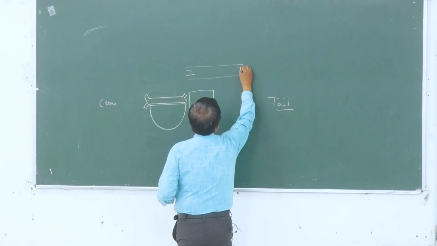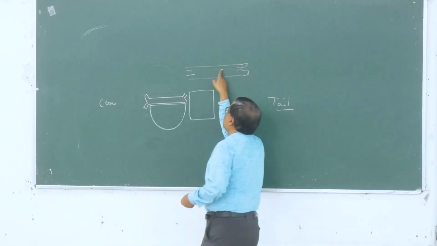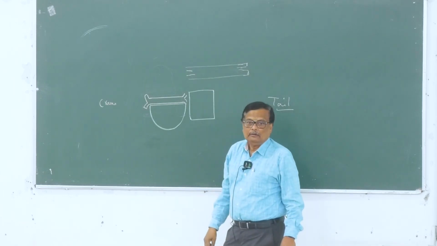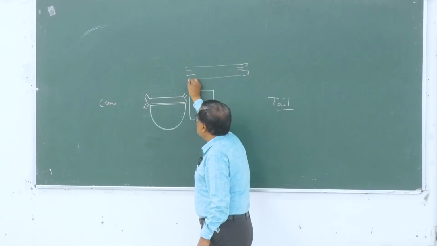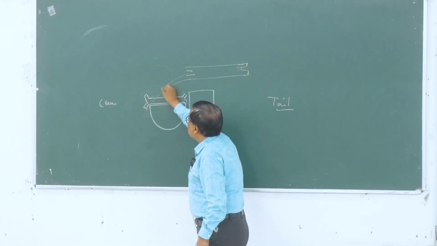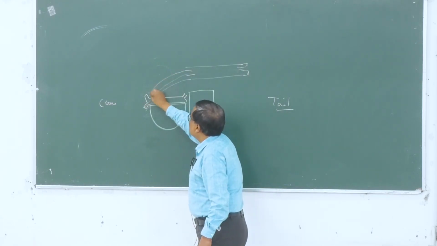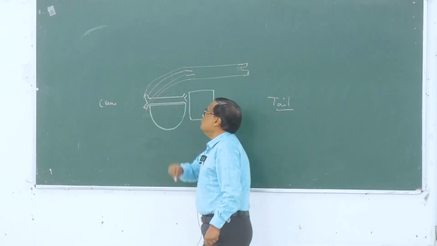These bifurcated ends now join with the bifurcated end of the heart tube.